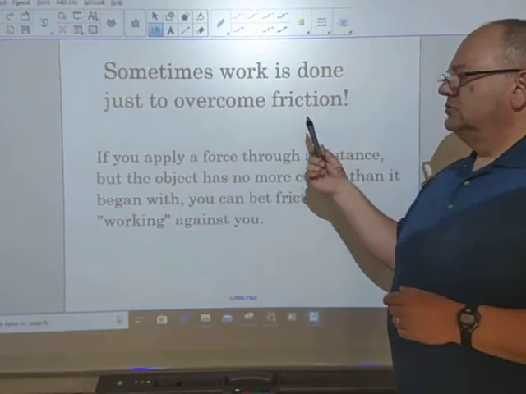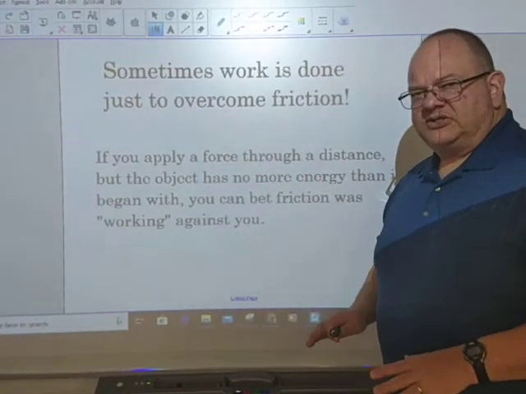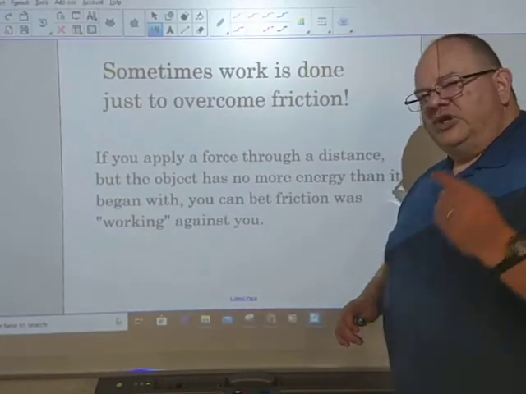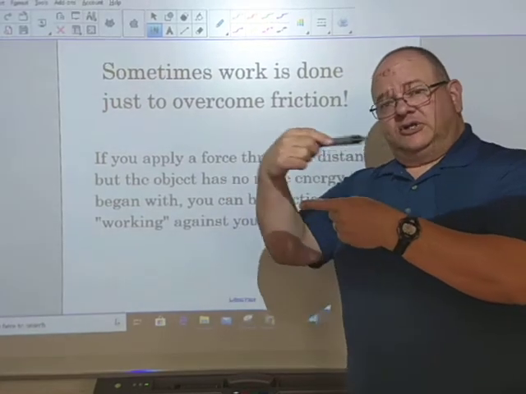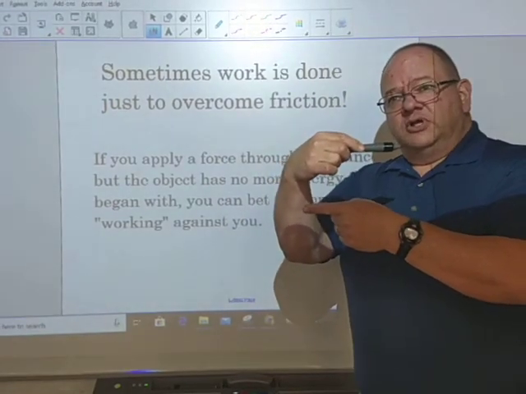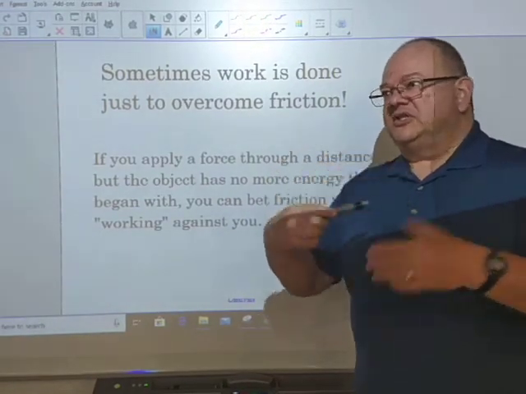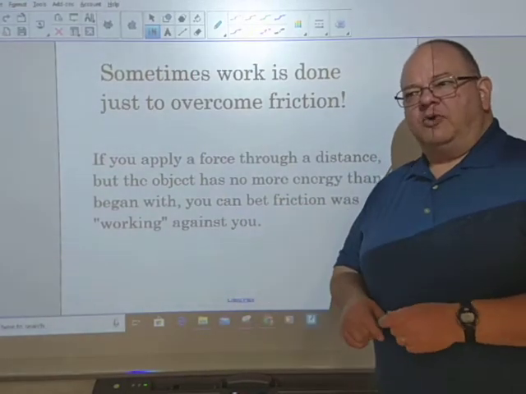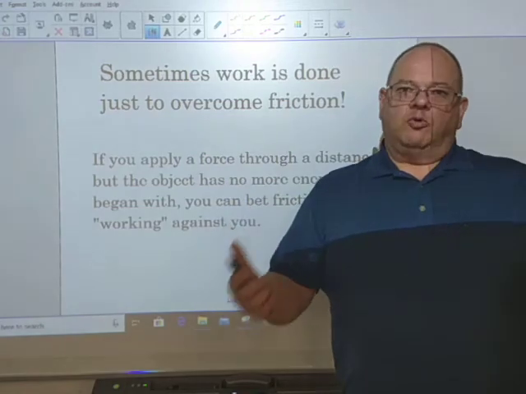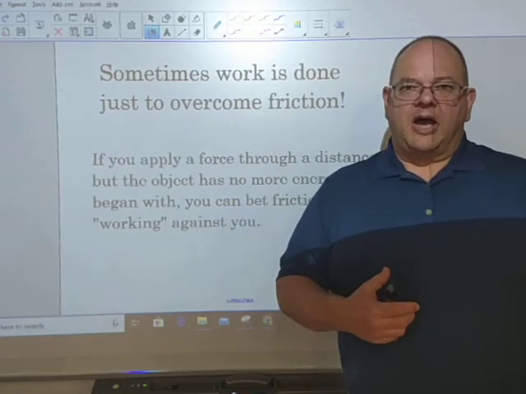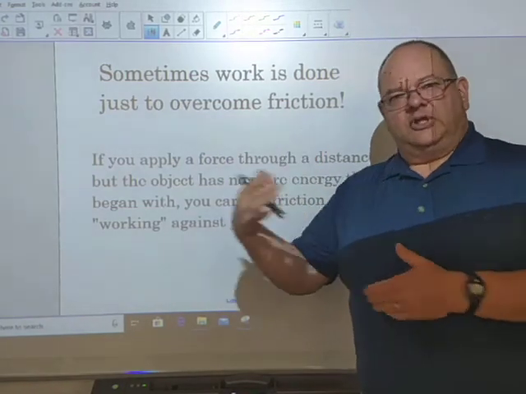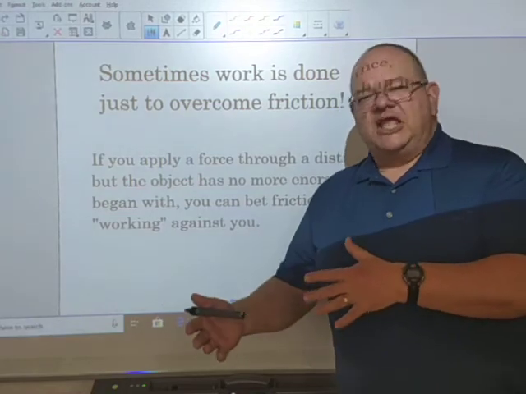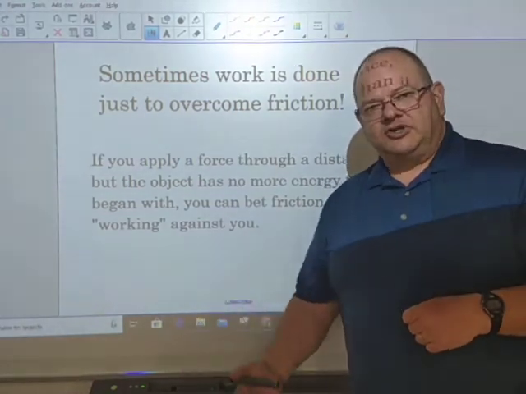Well, there was friction holding back on the sled the whole time too. And so you could say that friction is in the opposite direction of the motion. So if you take that force times the distance, it's doing a negative work. And in that particular problem, the amount of work that little Billy Bob did was equal and opposite to the amount of work that the friction did.